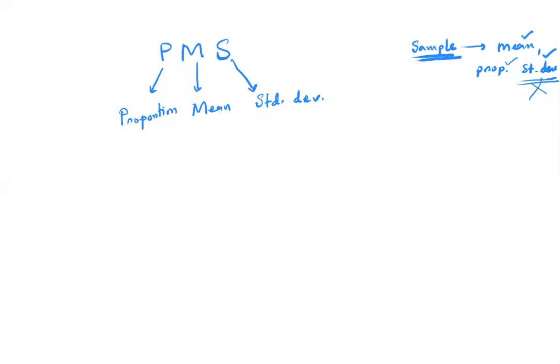We are going to do confidence interval. We are going to do confidence interval for proportion, for mean, and standard deviation. Then we are going to do hypothesis testing for proportion, for mean, and for standard deviation. So that's why I thank that student of mine to this date.